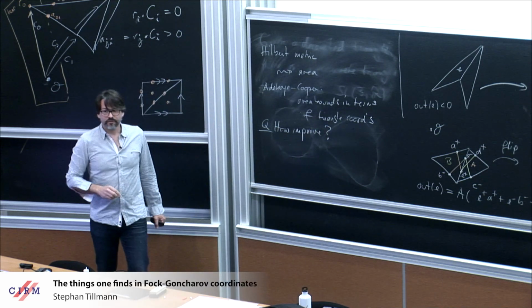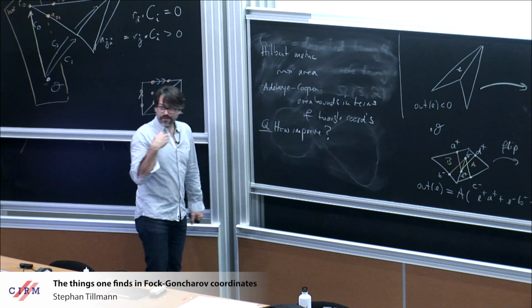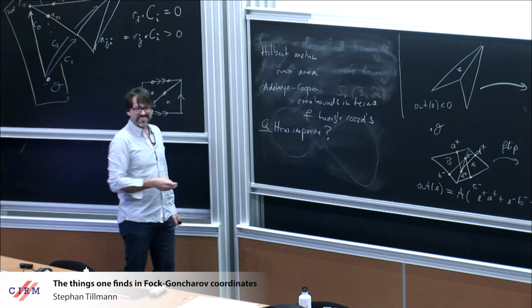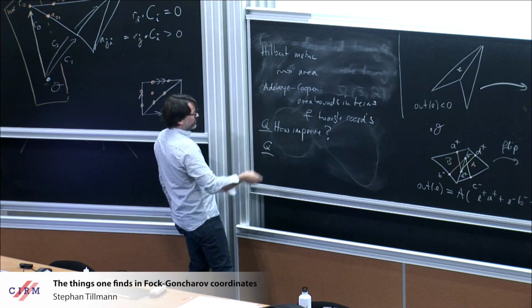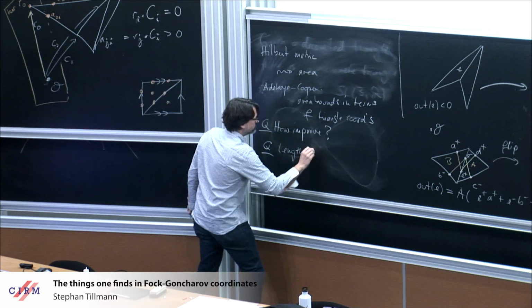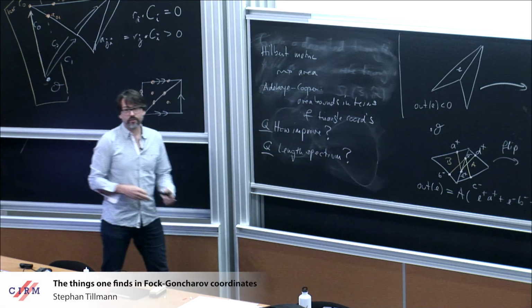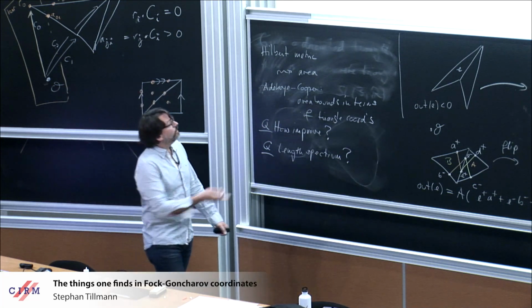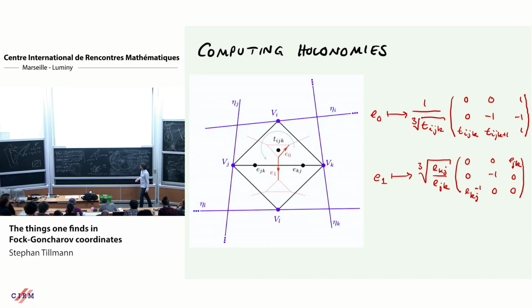So I'm in what Peter called the question section, but I'm asking the question. Yeah. So another question is maybe how can you get from these coordinates the length spectrum? Yeah, especially seeing that we can actually work out the matrix representation, say, of elements here of the holonomy representations.